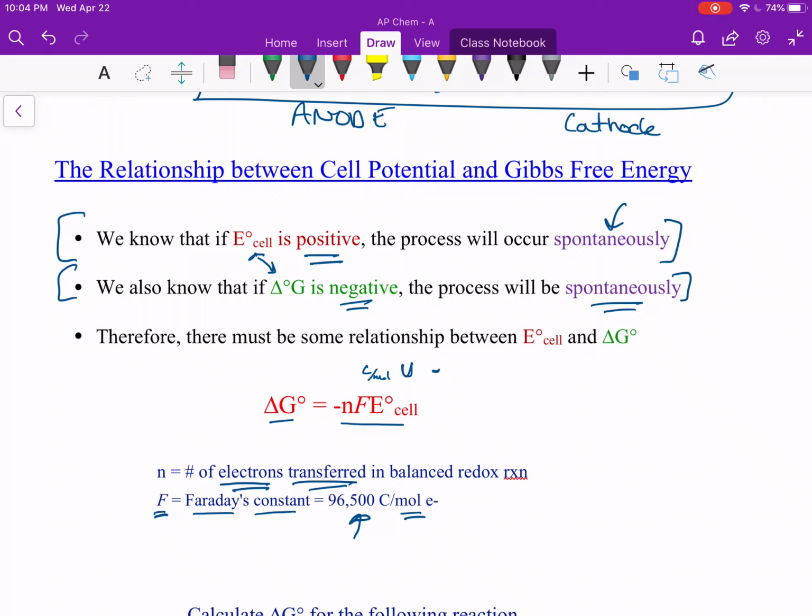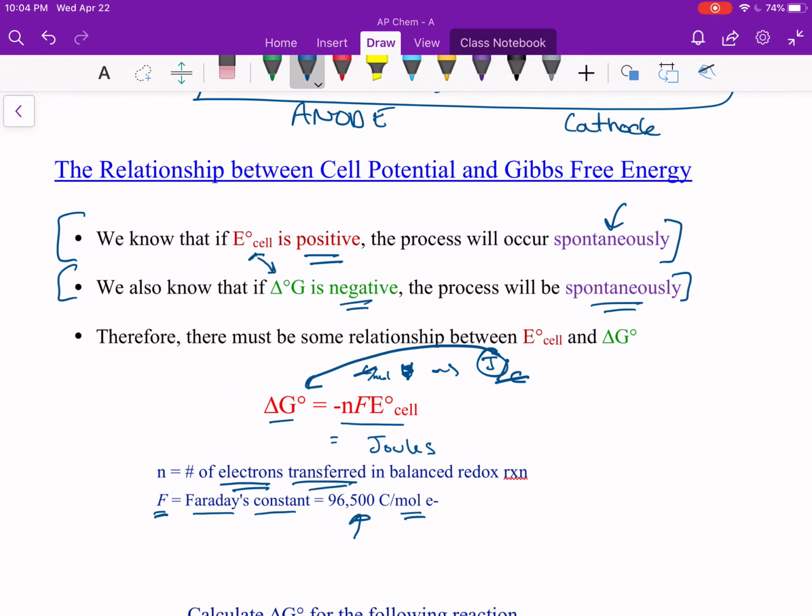Well, remember earlier in the unit we said that a volt is a joule per coulomb, so my coulombs would cancel, leaving me with my delta G according to this equation in joules. So when we calculate this, delta G would be in joules, not kilojoules, so we would have to convert it if we want to use it with delta H, for instance.